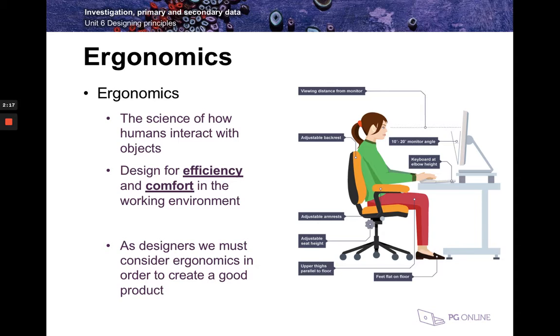So they've got an adjustable backrest, adjustable armrests, an adjustable seat height, and they've thought about the distance between the screen and her face. They've thought about how high the desk needs to be so that her arms are comfortable when she's typing. So ergonomics is the study and the science behind how humans interact with everyday products.